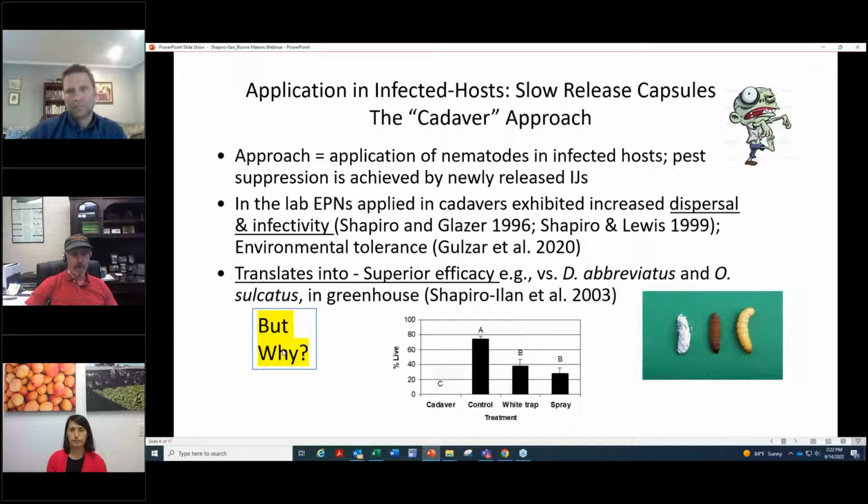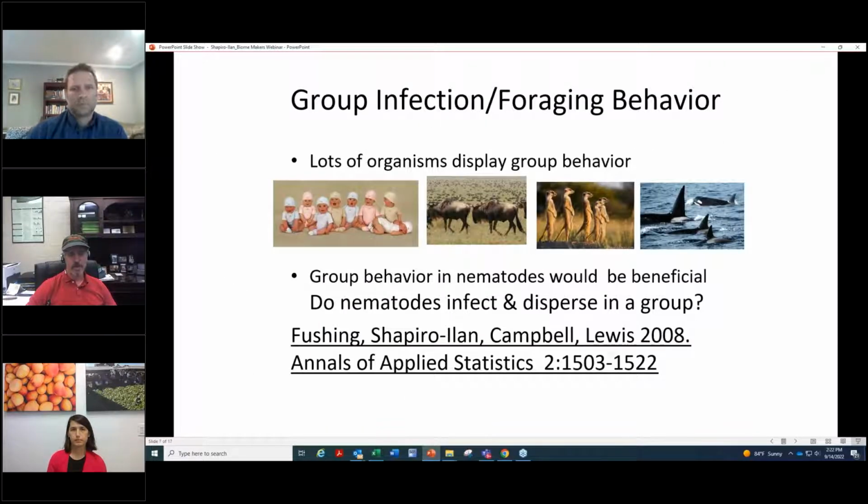But we didn't know why the nematodes are better in that cadaver than they are when you apply them in aqueous. And in another study, we were looking at group foraging behavior. We like to look at how these nematodes navigate and find a host in this giant ocean of soil. And we know, of course, that many organisms, including us, display various group behavior.